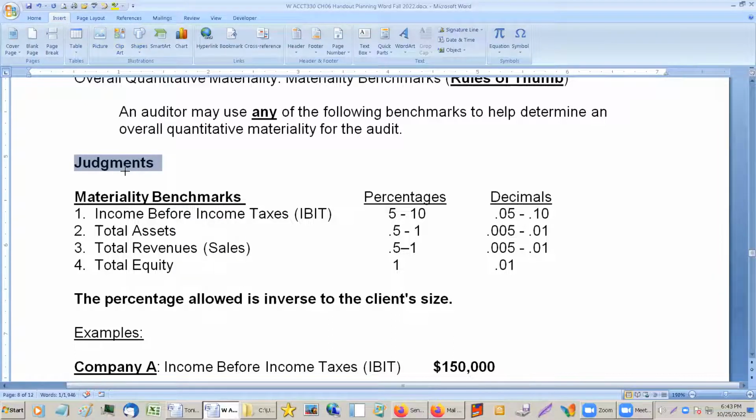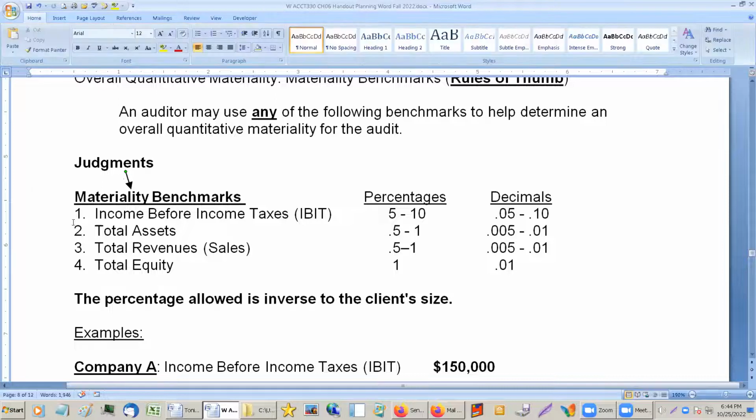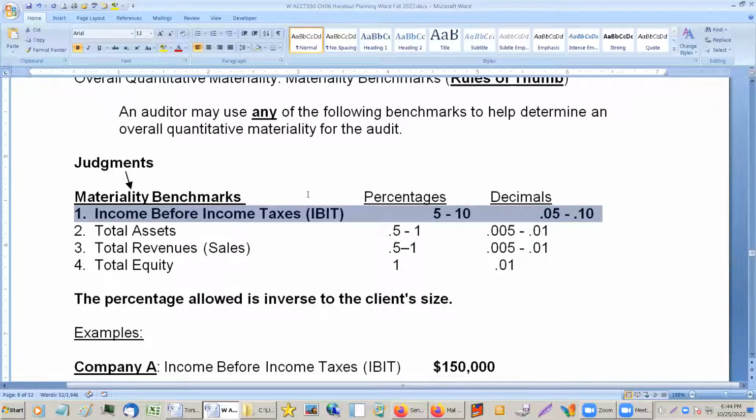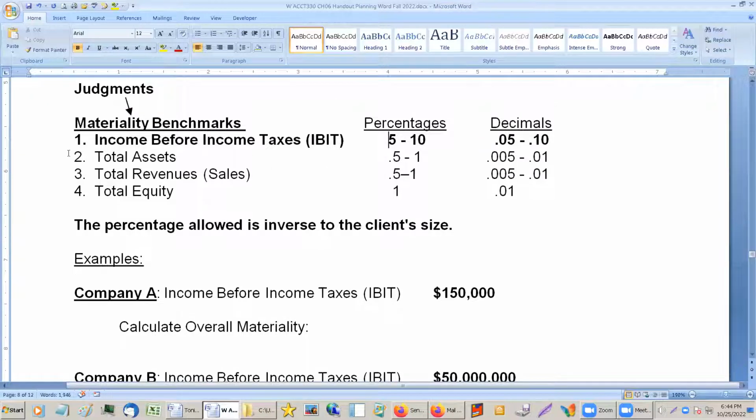Now, even though you pick one method, that's a judgment call.